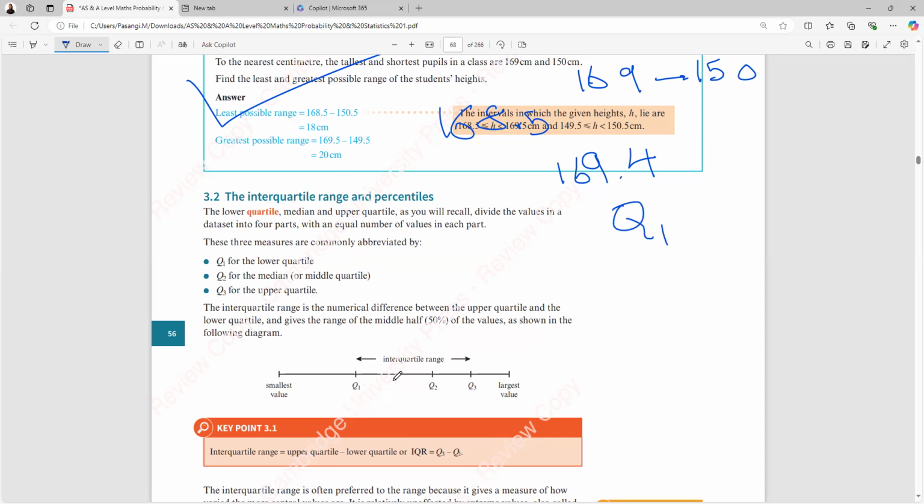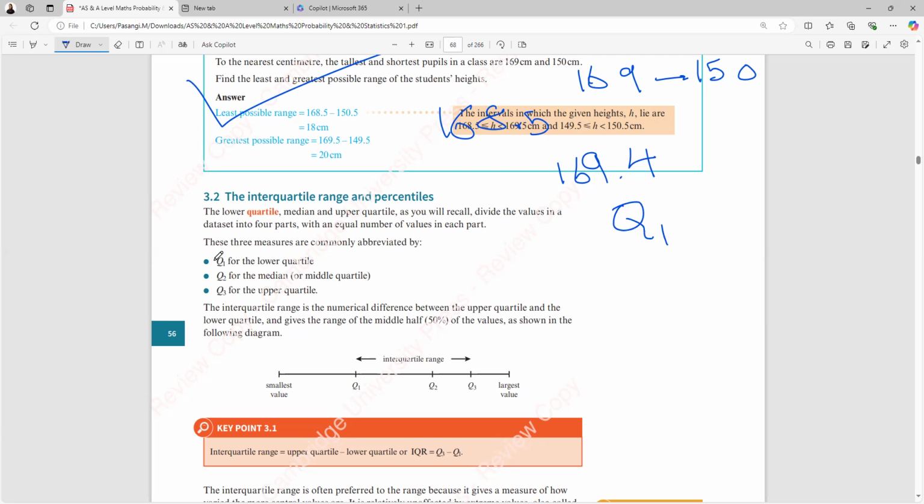The middle quartile, we have given it another name: we call it the median, the value which is at the middle point. So here we have Q1 and then Q3.